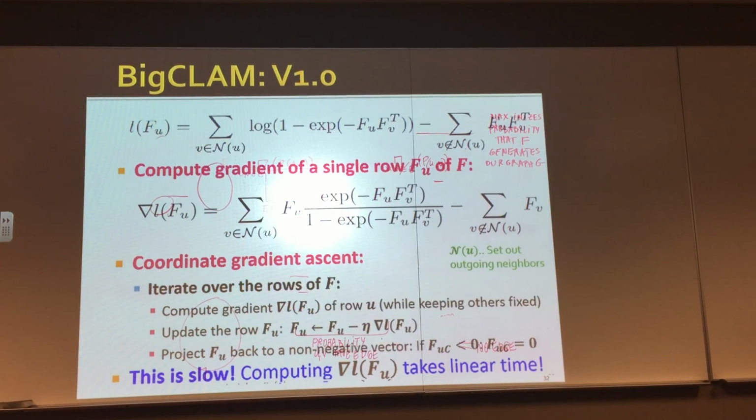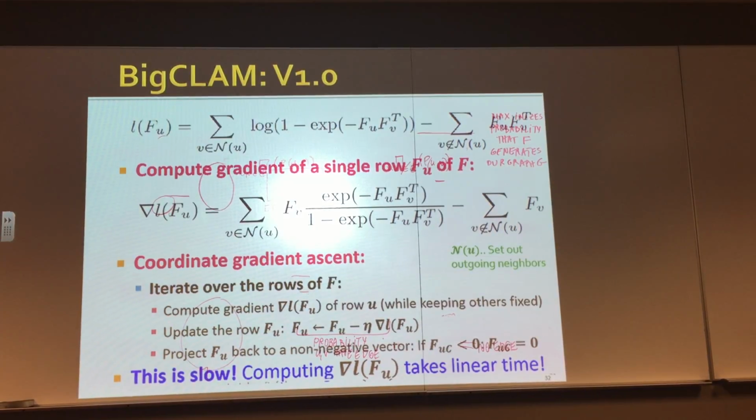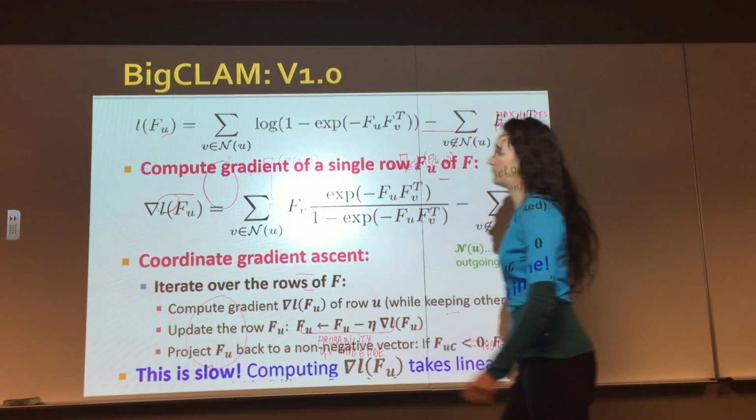So how do we find this matrix that maximizes the log likelihood?